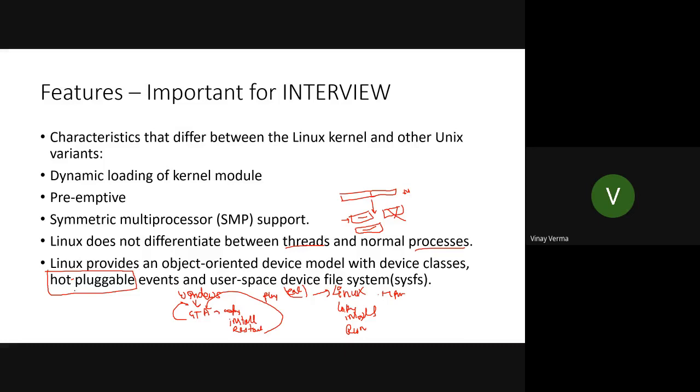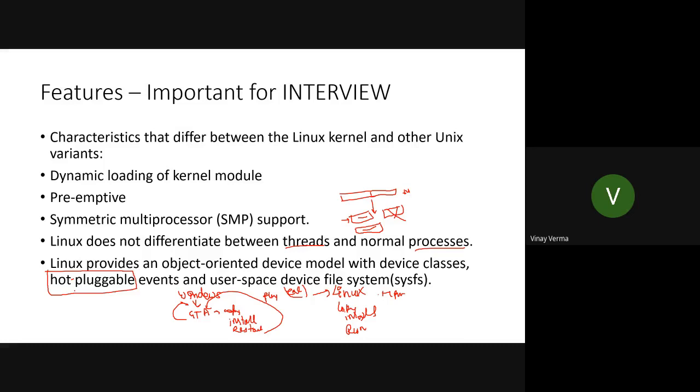By hot pluggable, I also mean that if you have a graphic card and you want to install it on your system, in Linux you just take the graphic card like a pen drive and plug it in your system.